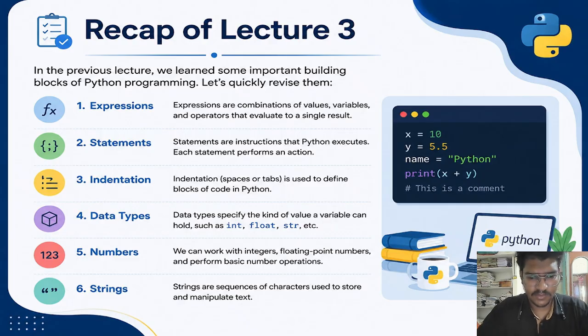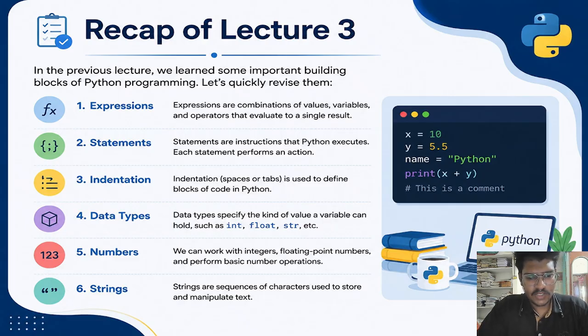It's a combination of values, variables, and operators that evaluates to a single result. For example, 5 plus 3 is an expression that evaluates to 8. x times 2 is an expression that evaluates to twice the value of x.